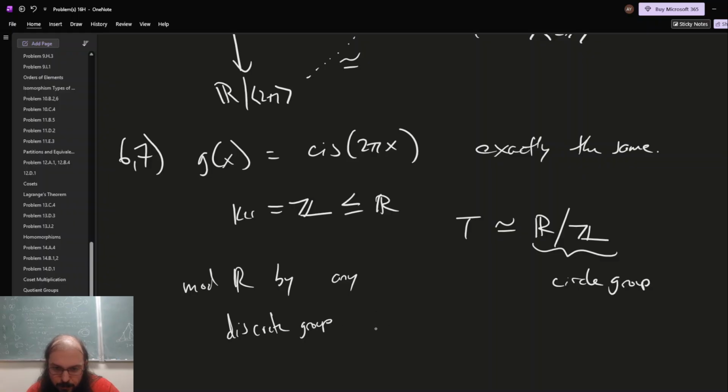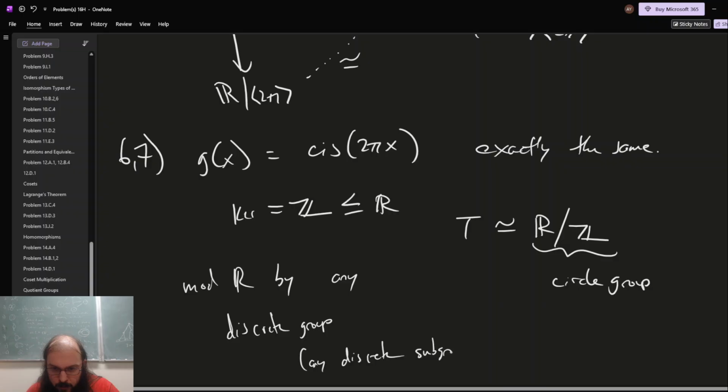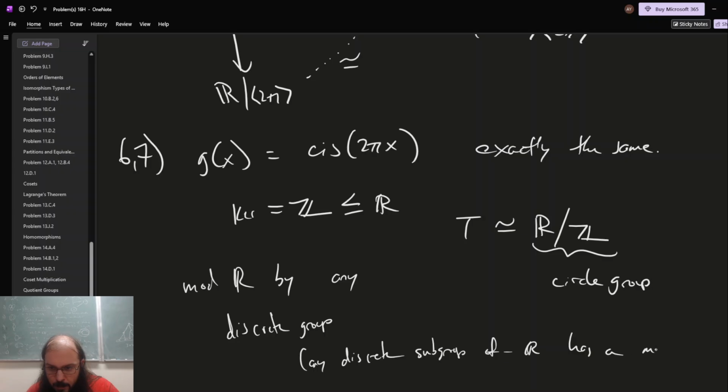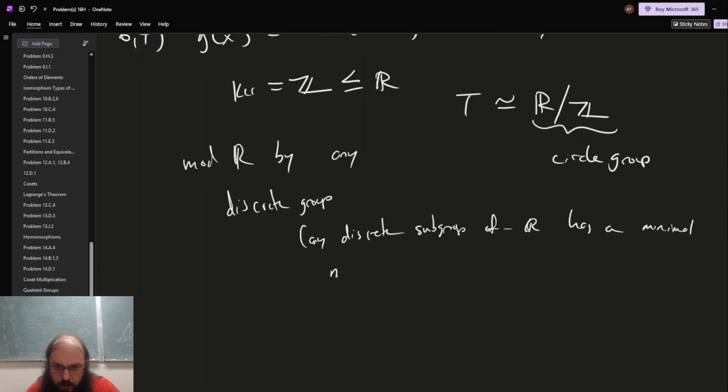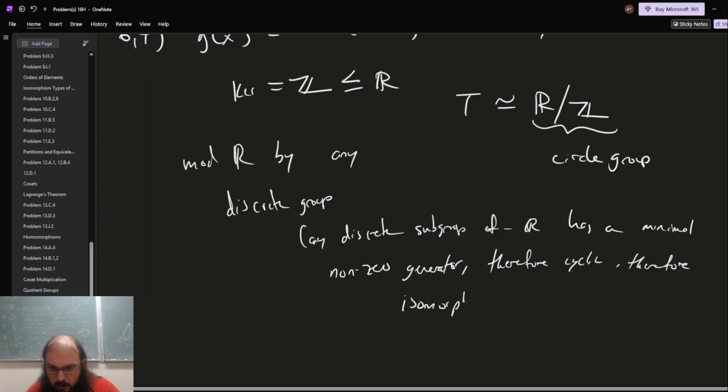Because I'm pretty sure that any discrete subgroup of R has a minimal non-zero generator, and in particular is therefore cyclic, and therefore isomorphic to Z.